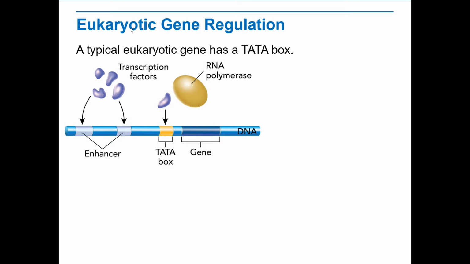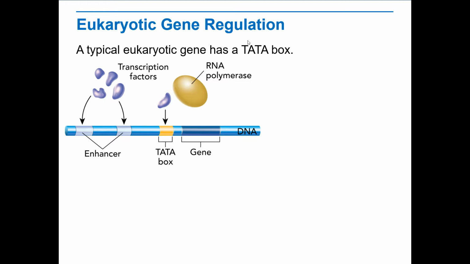Now, you guys, eukaryotic gene regulation is a lot more complex, and we're going to go over this in a very basic and simplified manner. It is not this simple, and even in prokaryotes, it's not as simple as I stated. But for just the depth that I need you guys to know, this is what we're going to go at. But just know that eukaryotic gene regulation is a lot more complex.